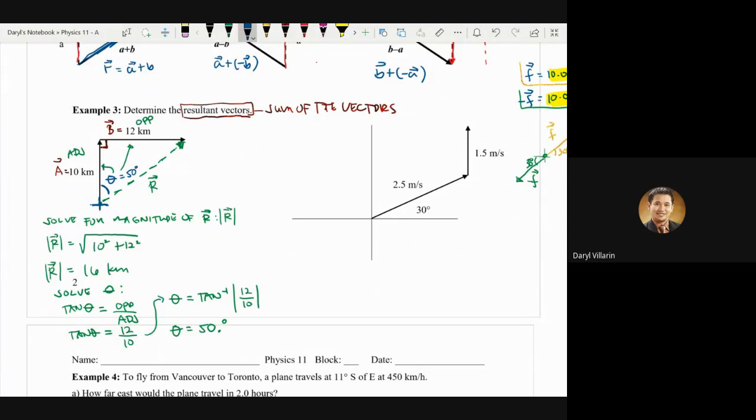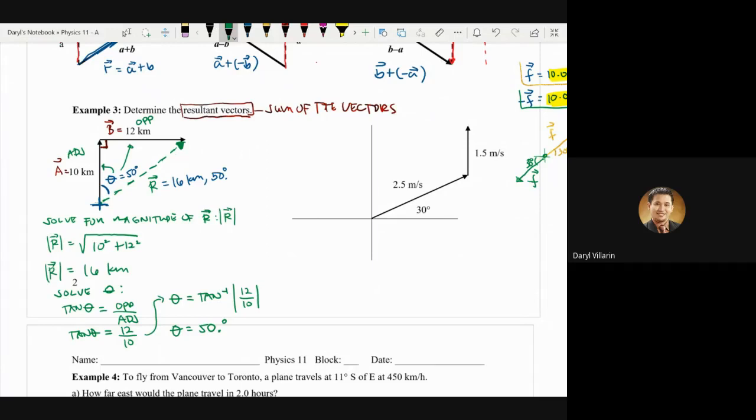So finally, you should write your answer or the resultant as the magnitude of 16 kilometers and the direction of 50 degrees. Well, this is based on north. And again, it is in the first quadrant. The placement of your arrow is going up, so this would be your basis.